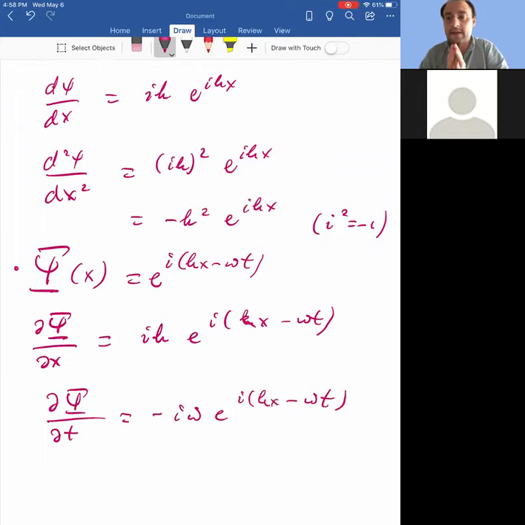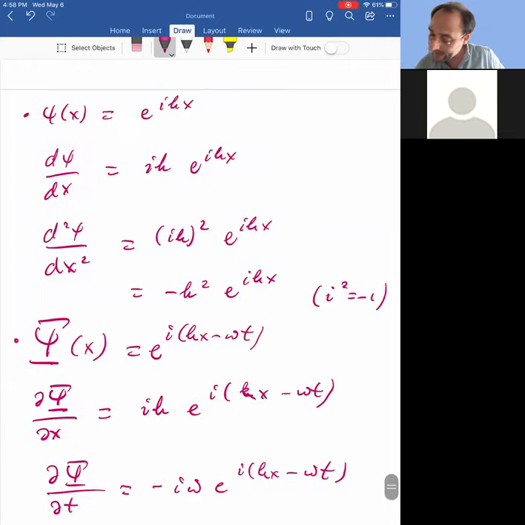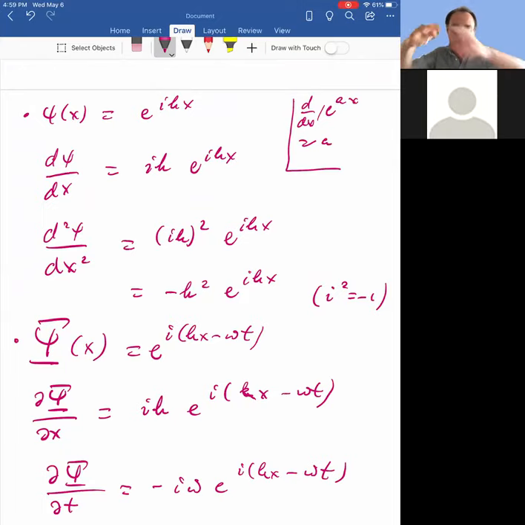I sincerely, dearly hope that you don't just memorize these, that you actually try it on your own and understand why it is. Well, as you take the derivative of e to the ax, what do you do? You bring the a down. It's a chain rule. It's the derivative of the inside times the derivative of the whole thing.